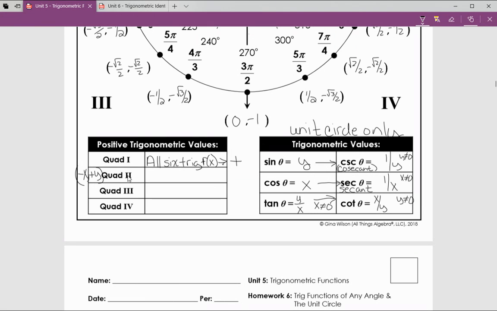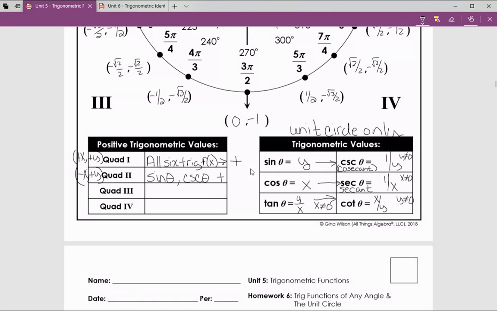Now, when we move from quadrant 1, where everything is positive, and we start getting into negatives, out of these 6 trig functions, there's only 2 of them that do not require x. What are those 2? Sine and cosecant.